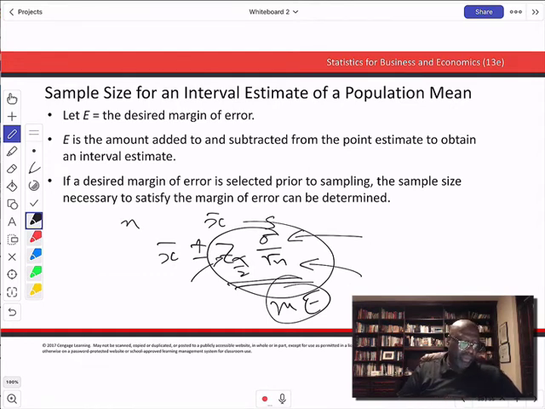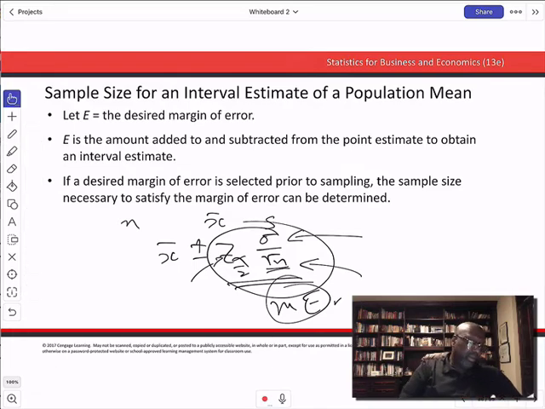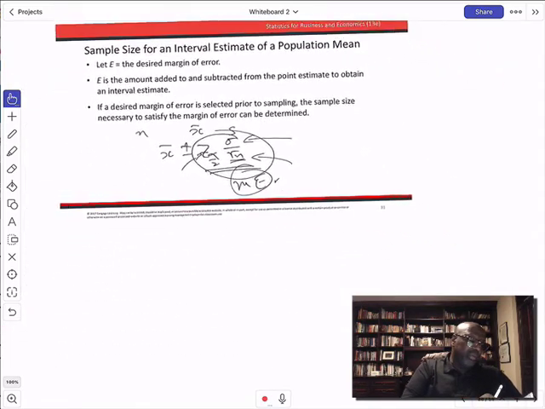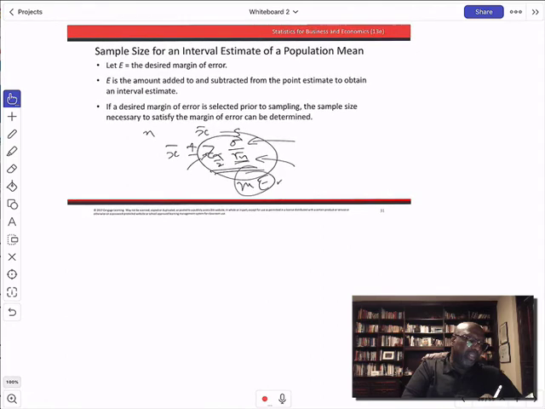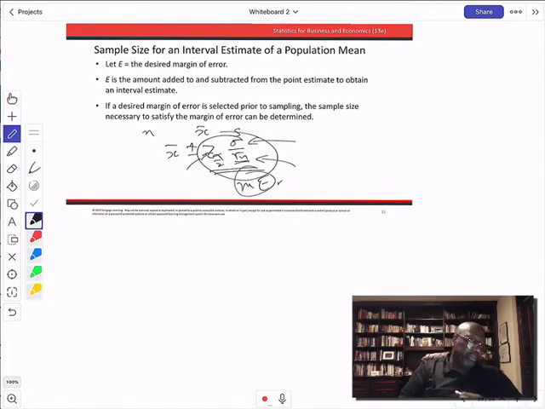So what we do in a case like that is look at what is within our control. Is sigma within our control? No. If we want a given confidence level, the z value is fixed. So the only thing we have left is the sample size n, how big a sample we take. And so for a specific margin of error, we could determine the sample size that we will need to get a particular level of precision.